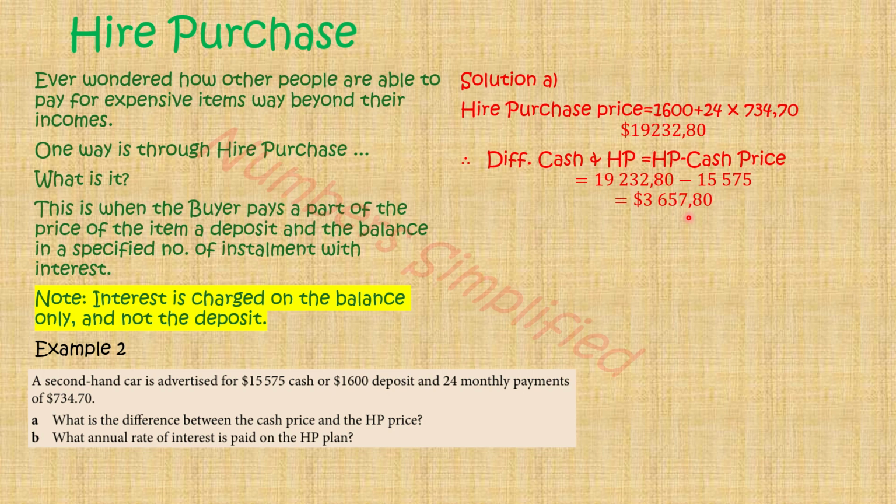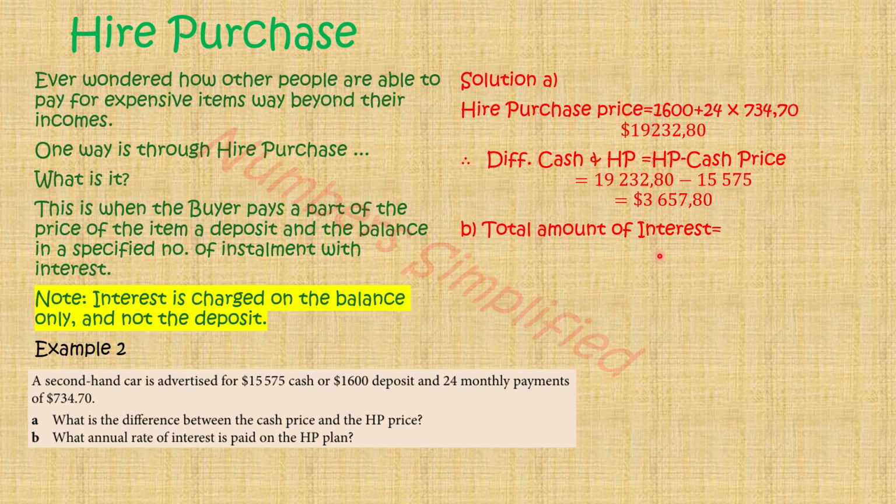That is to say that if you are going to pay for the car in cash, it will be way cheaper than purchasing it at hire purchase. And this is the difference in a space of 2 years, because it's 24 months. Now let's move on to part B, the total amount of interest.